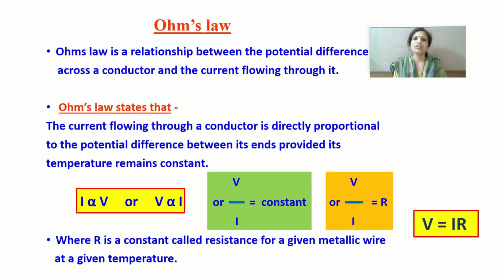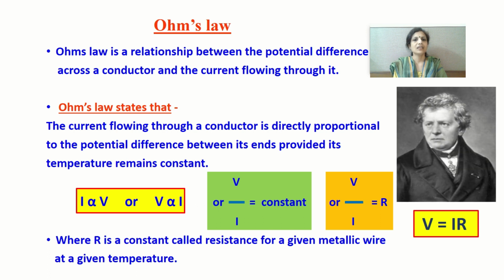In 1828, George Simon Ohm, a German physicist, derived a relationship between electric current and potential difference. This relation is called Ohm's Law, which is very famous in the field of electricity.